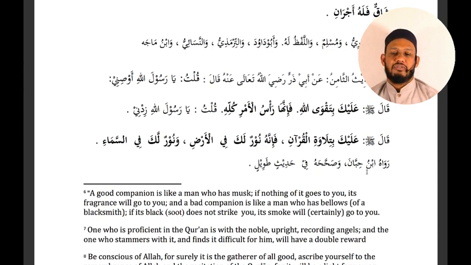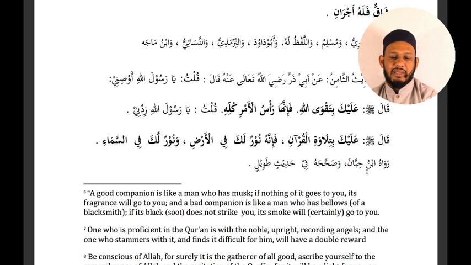The Prophet of Allah sallallahu alaihi wasallam says, Alayka bitaqwa Allah. Alayka is ala plus ka, harfu jar ism majrur, upon you. Be with the taqwa of Allah, with the consciousness and the remembrance and the fear of Allah Ta'ala.